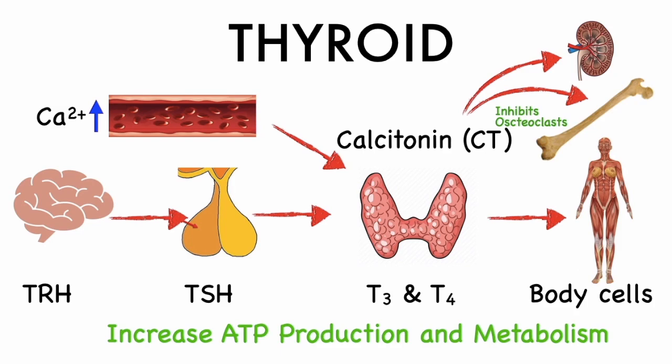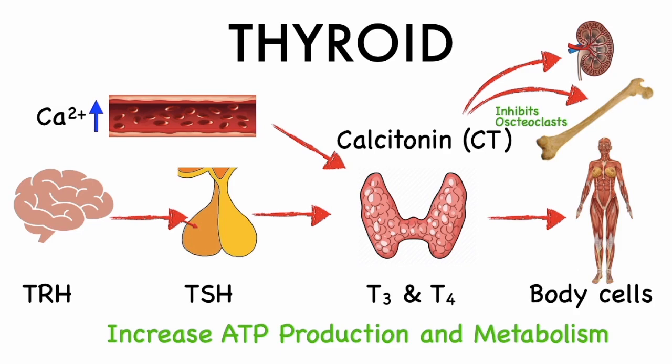That way our nerves can propagate nerve impulses. We need calcium. But when there's plenty of calcium, the thyroid will sense this. Calcitonin will then be secreted from the thyroid. It dumps it into the blood, reaches the bone, and says, hey, stop breaking up bone because we have plenty of calcium already.